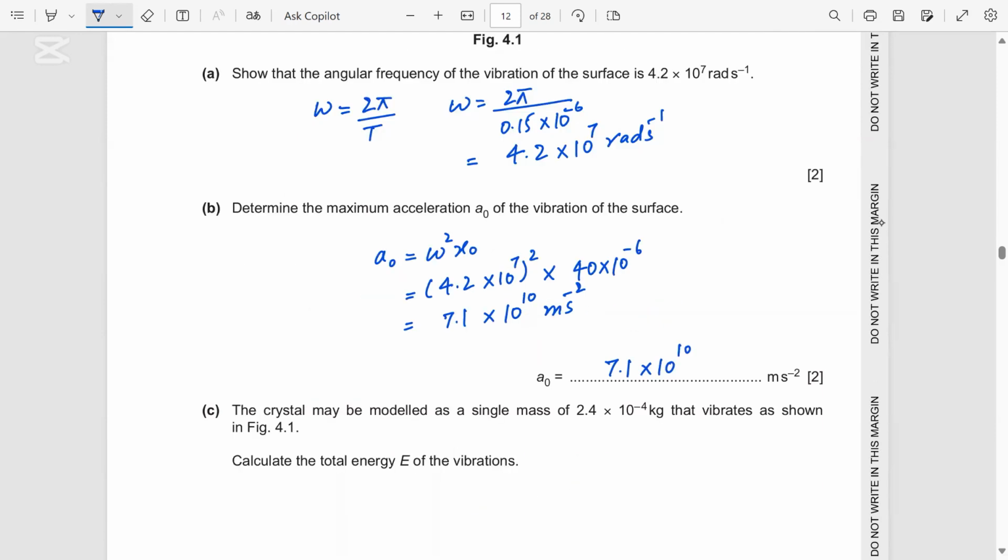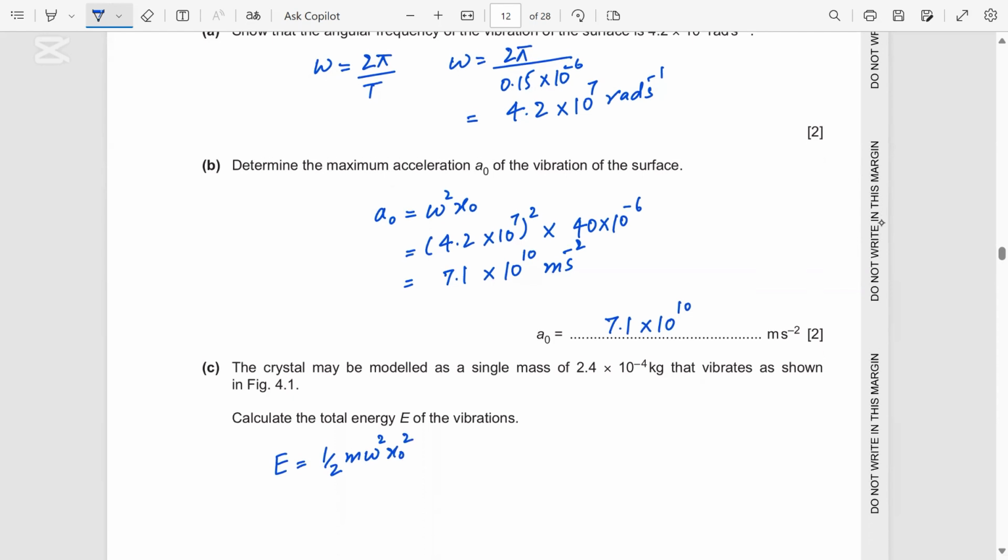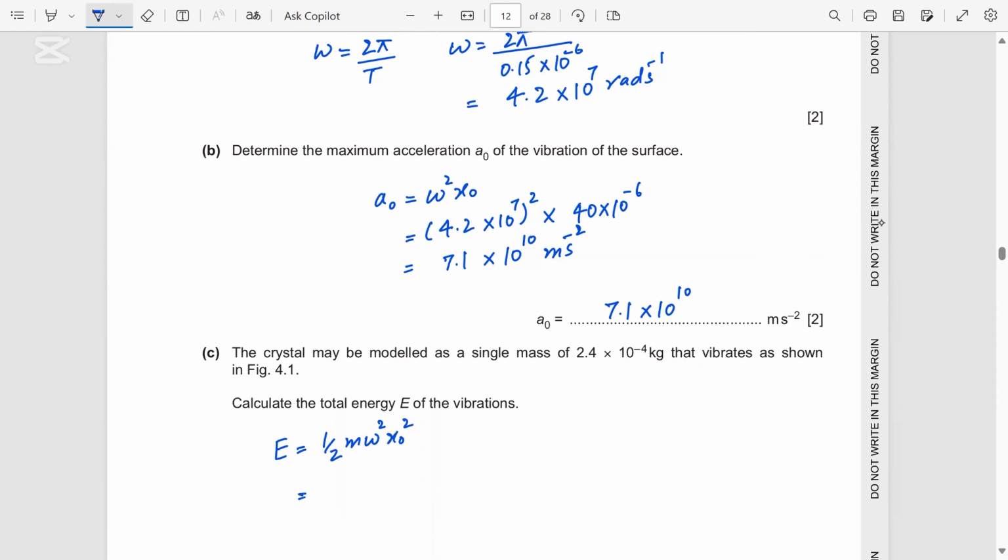It may be modeled as a single mass of 2.4 into 10 raised to the power minus 4 kilogram that vibrates as shown in figure 4.1. Calculate the total energy of the vibrations. You know that the formula for the total energy is half m omega square x naught square, where x naught is the amplitude. So you have all the information here.